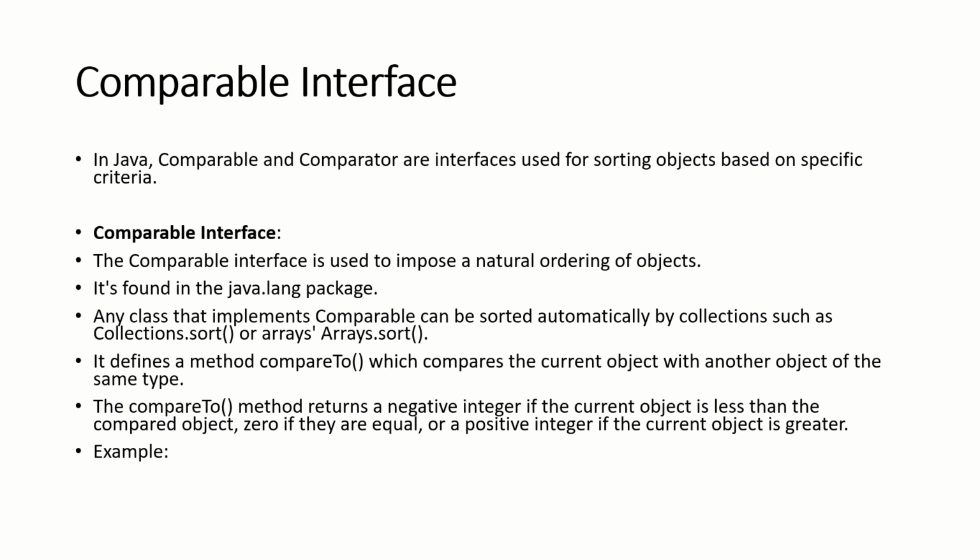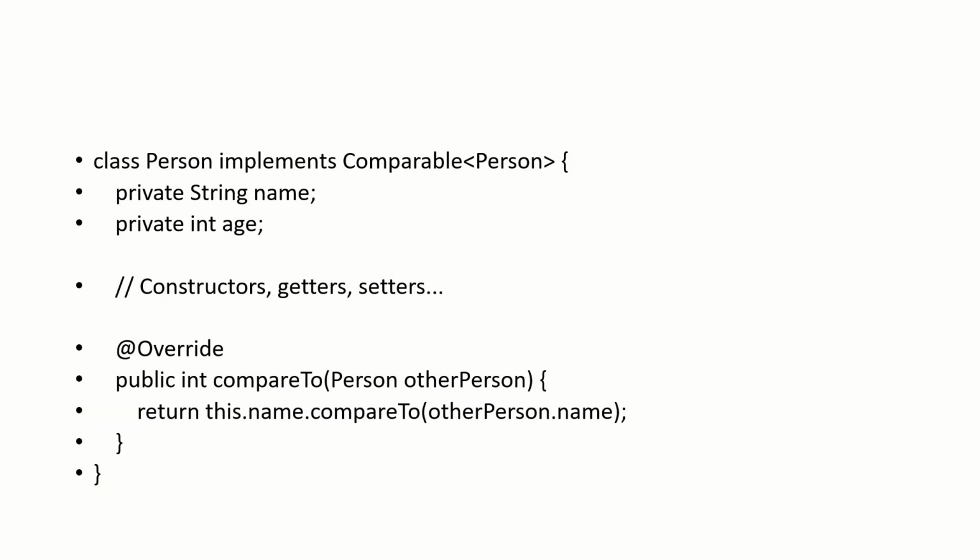Now let me show you one example here. Let's say you have a class called Person that implements the Comparable interface, and the Person has two attributes, name and age. When you implement the Comparable interface in the class Person, it will tell you to override this compareTo method coming from Comparable, and inside the compareTo method you can see it is taking a single argument, which is the Person that we are sending here.